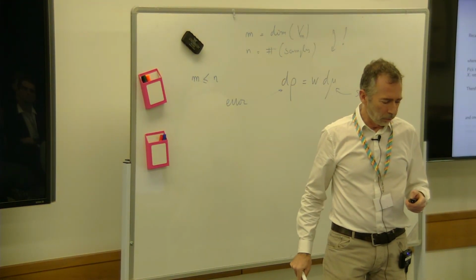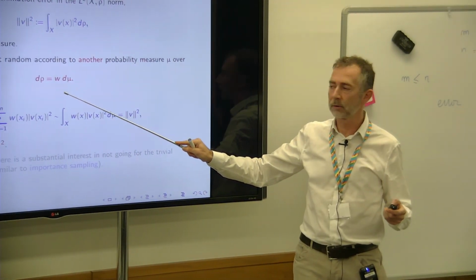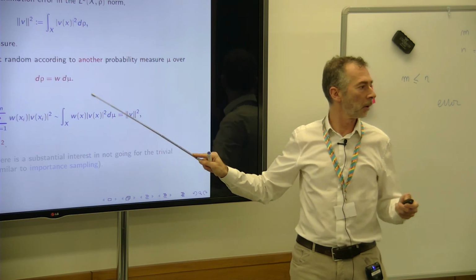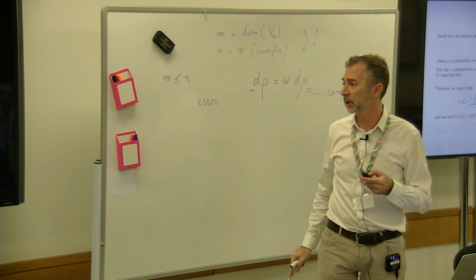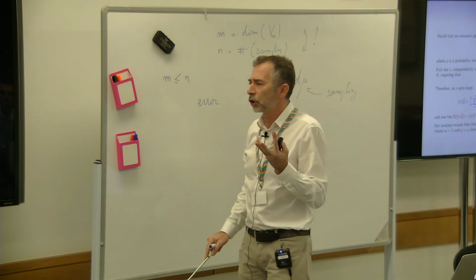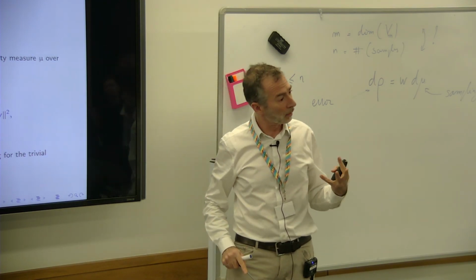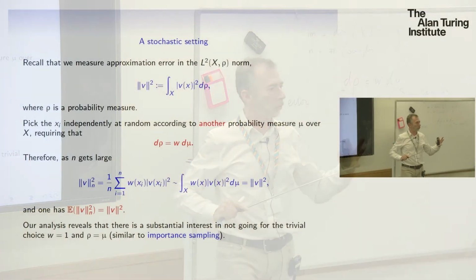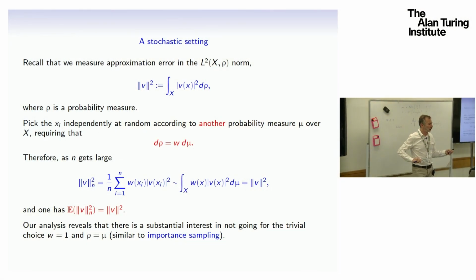So, of course, the simplest case would be to just take w equal 1, standard least squares, and then use the same sampling measure as the measure in which you plan to measure error. But what we will show is that there's a substantial interest in not doing that. Okay? And for people who are familiar, for example, with classical sampling methods like the Monte Carlo method, this should remind them of a classical notion called importance sampling.